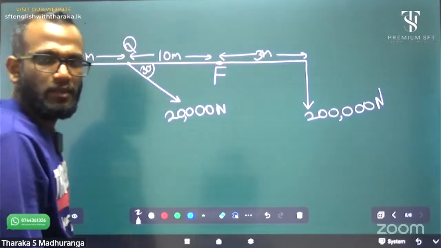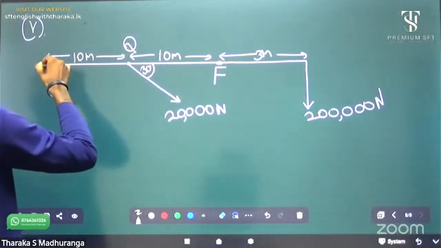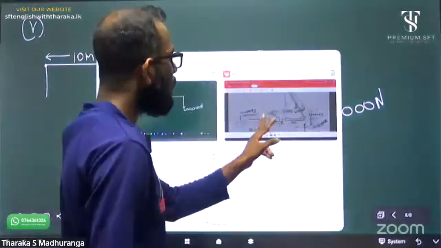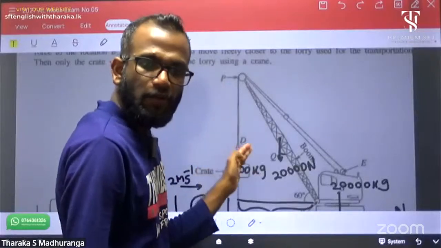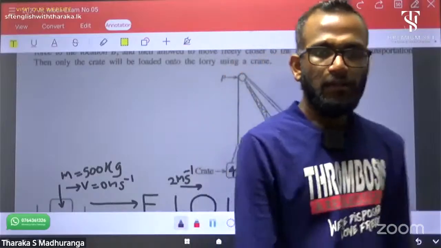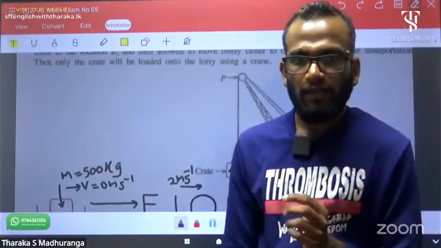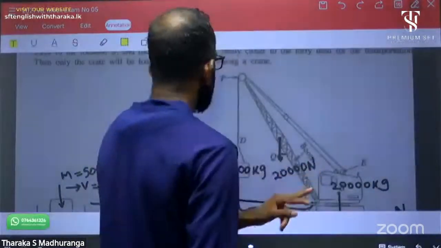Okay, perfect. This is the point where we hold the crate, hanging the crate. Now it is 400 kilogram in the practical, but according to the final question, they are asking the maximum limit, the maximum weight.